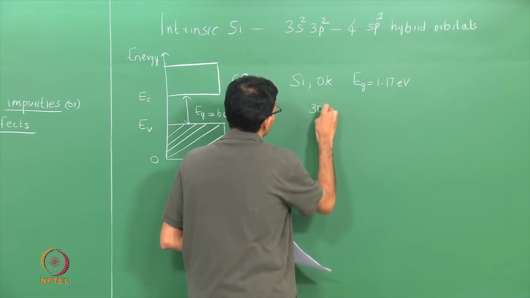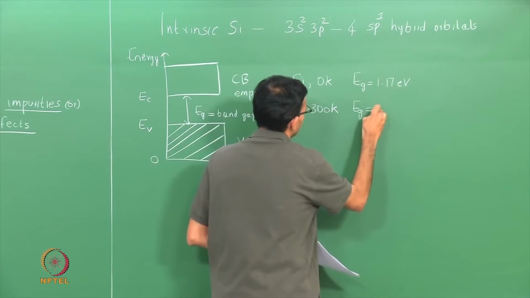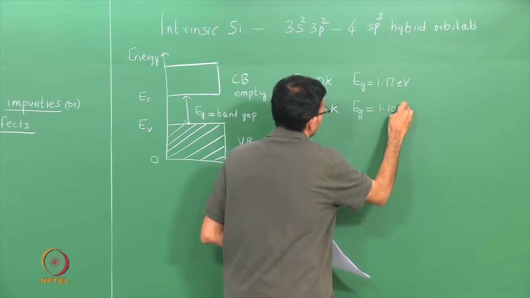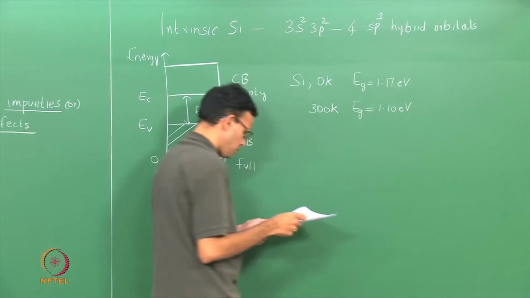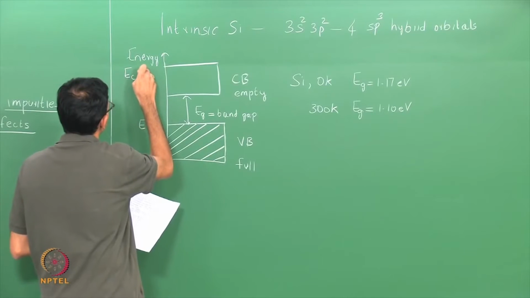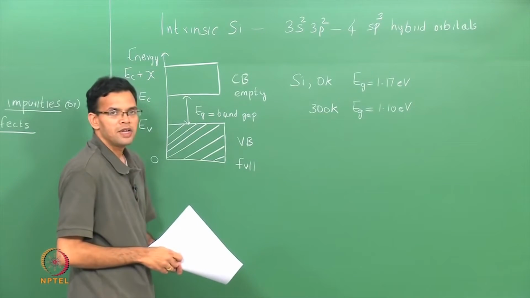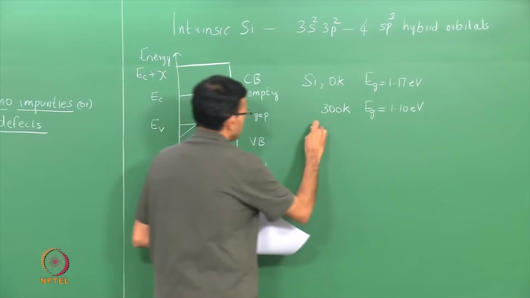At room temperature, Eg is slightly lower, it's around 1.10 electron volts. The top of the conduction band is usually denoted as Ec plus chi, where chi is the electron affinity.